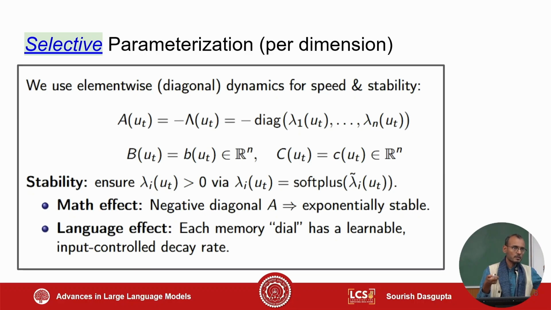So you keep the minus outside the matrix capital lambda, so that your lambda could be positive and your overall lambda becomes negative, because the negative is outside the matrix, right? Otherwise negative will become positive, and that's the problem. So your lambda of UT is now going to be a softplus.